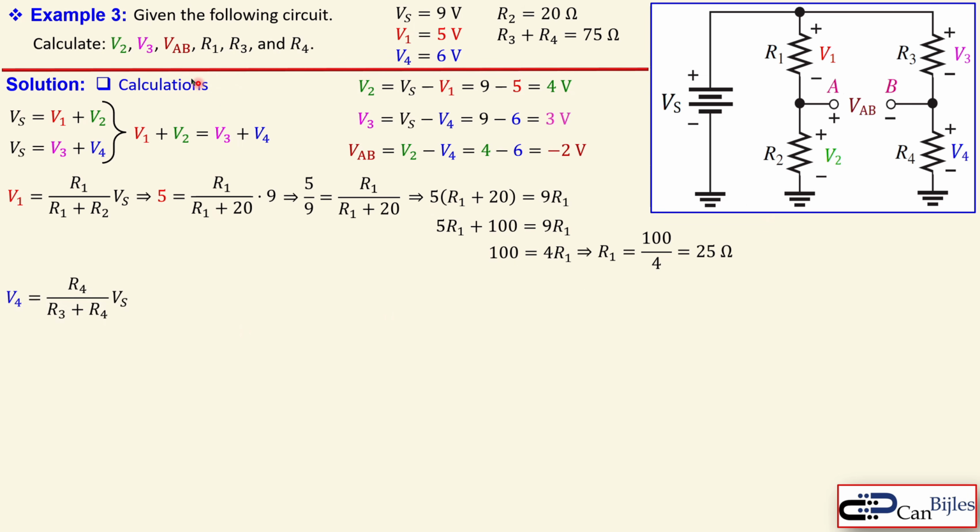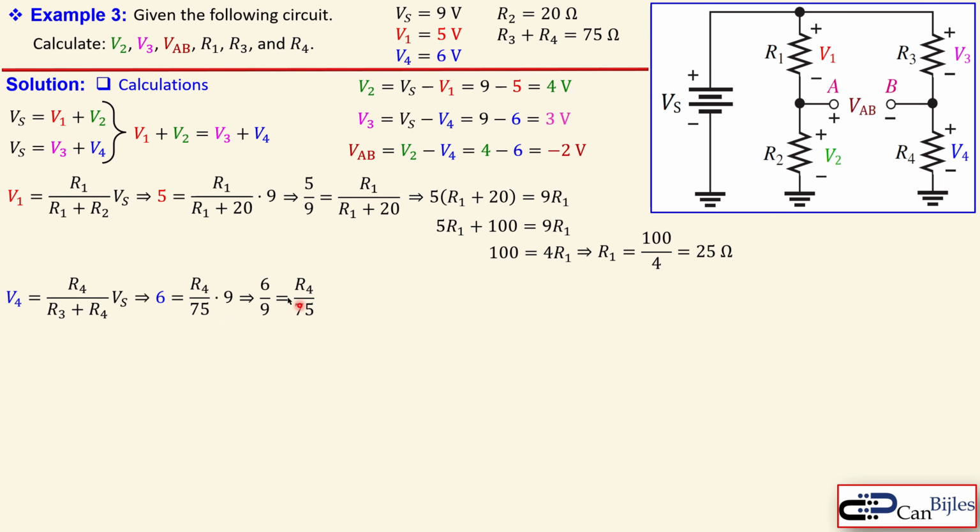The next one is, since we want to know R3 and R4, we can look at the voltage here because that's known. So we can again relate that using the voltage divider rule. V4 is equal to R4 over R3 plus R4 times Vs. We know that this is 6, and R4 is unknown, but we know the summation, which is 75, so that's nice, times 9, so we only have one unknown, R4. Again, divide by 9 left and right hand side, so you get 6 over 9, or 2 over 3, is equal to R4 over 75.